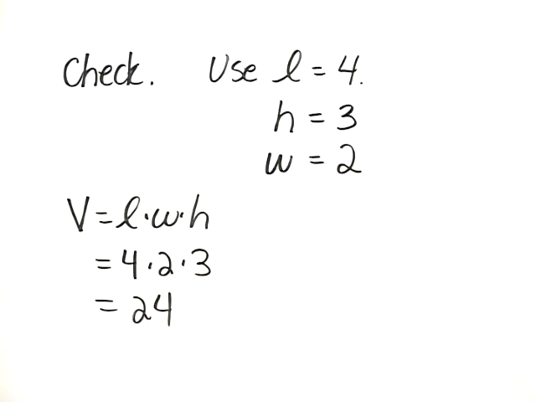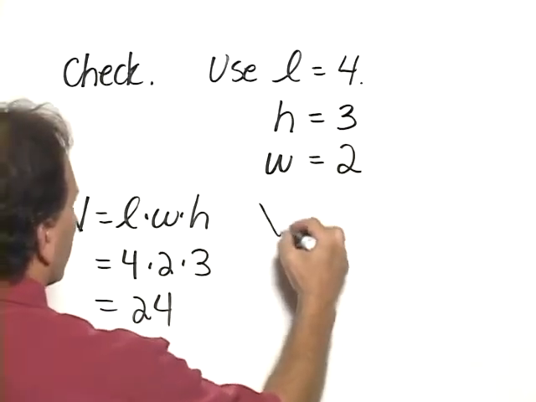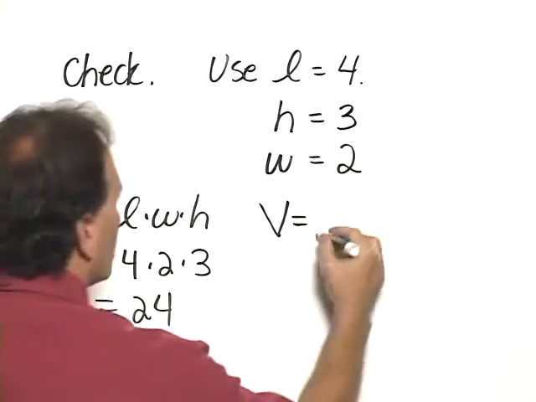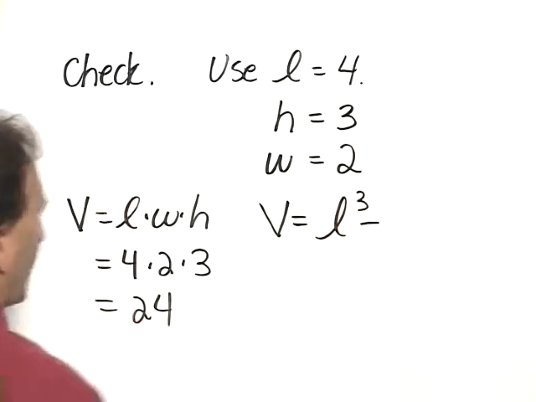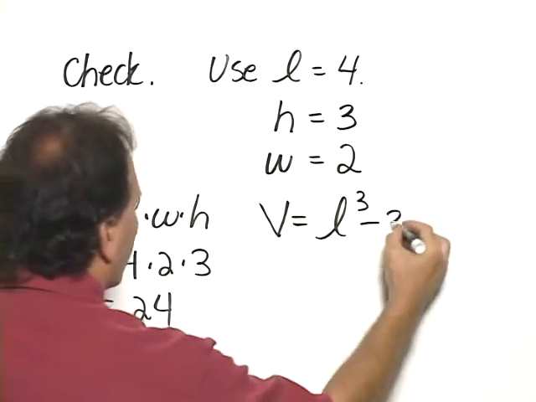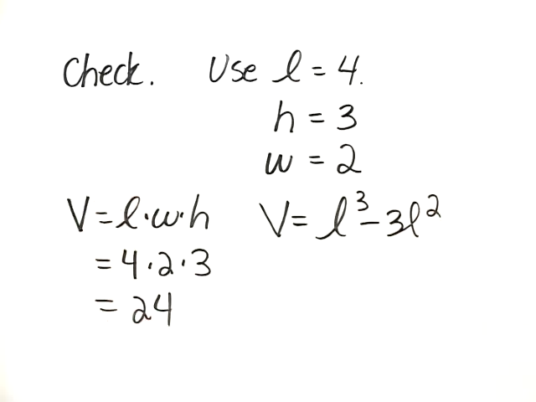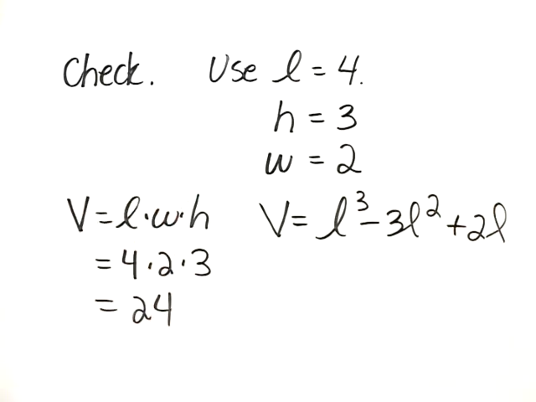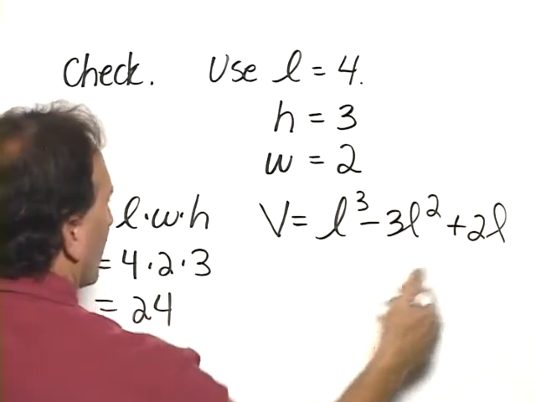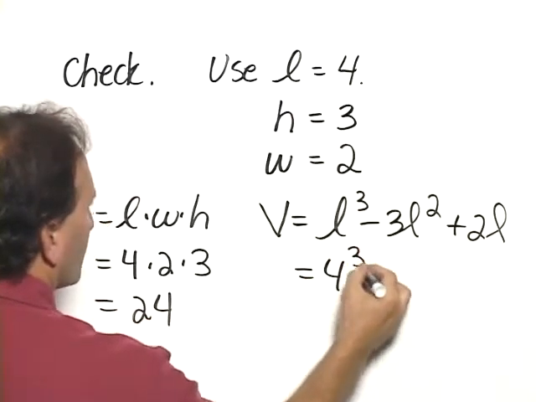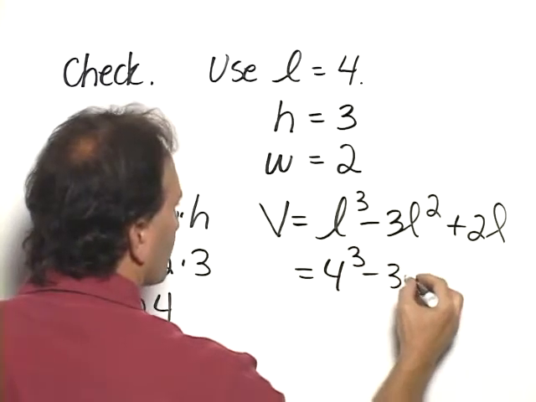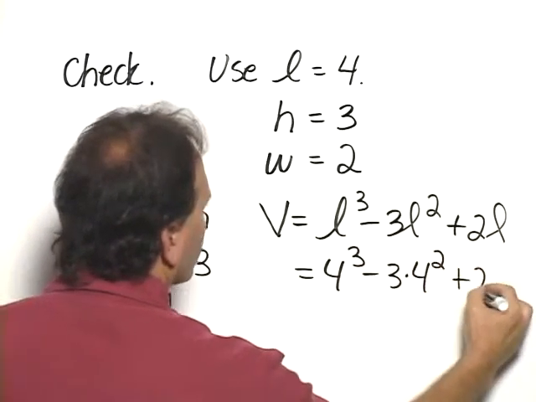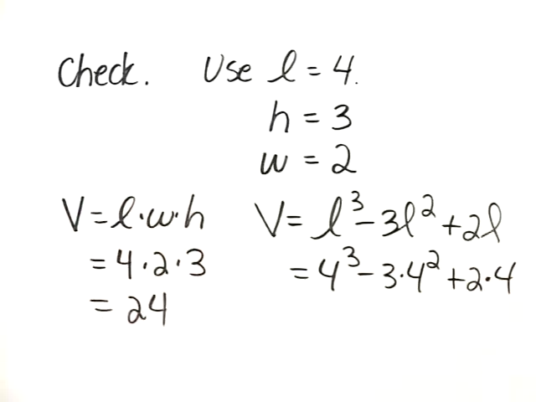But we also have the formula that we just simplified. The volume is equal to L cubed minus 3L squared, then plus 2L. So let's substitute 4 for the value of L. 4 cubed minus 3 times 4 squared plus 2 times 4.